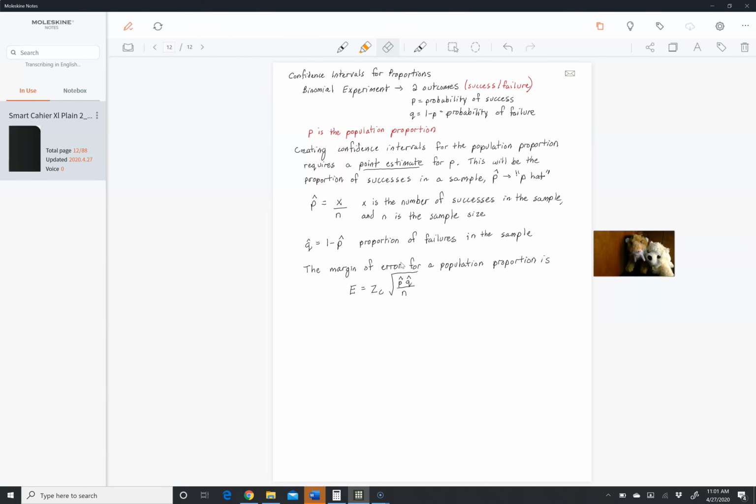Okay, so let's just do an example, just figuring out sample proportions, and then we'll go in and actually create some confidence intervals.